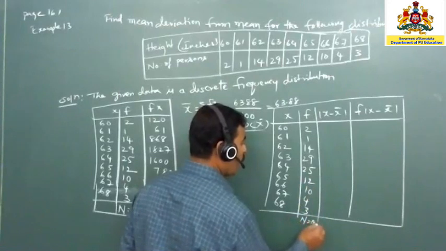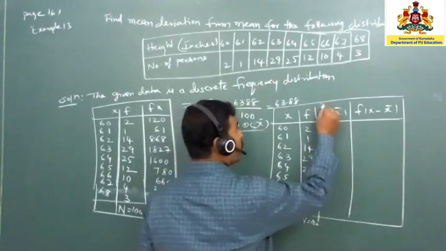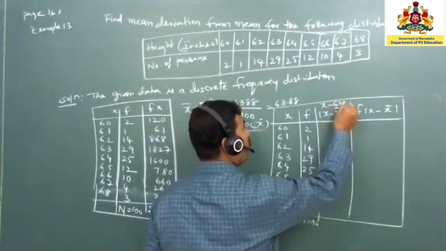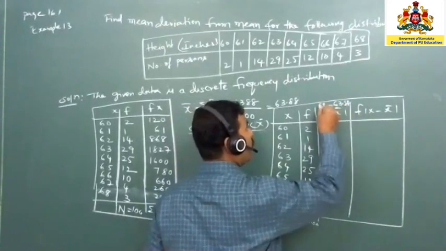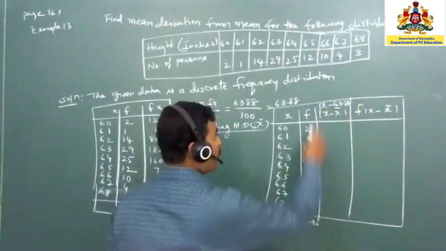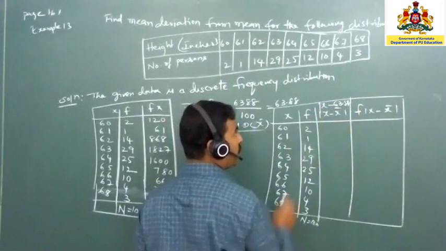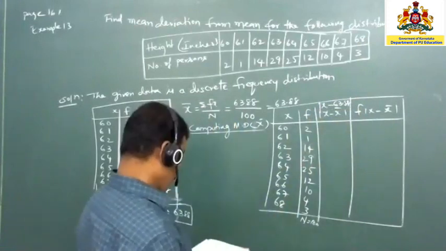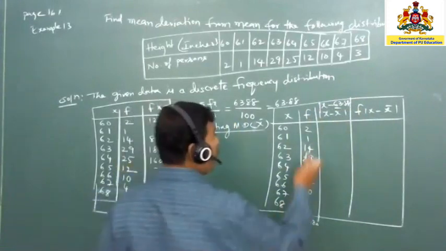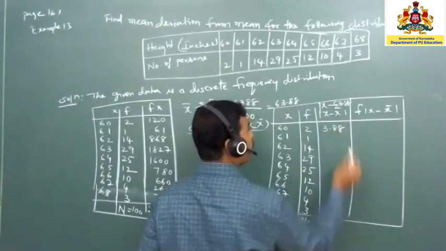N equals 100. In place of x bar, put 63.88 inside the modulus. Now substitute all the x values: 60 minus 63.88 is minus 3.88, and directly you can write it as plus 3.88.